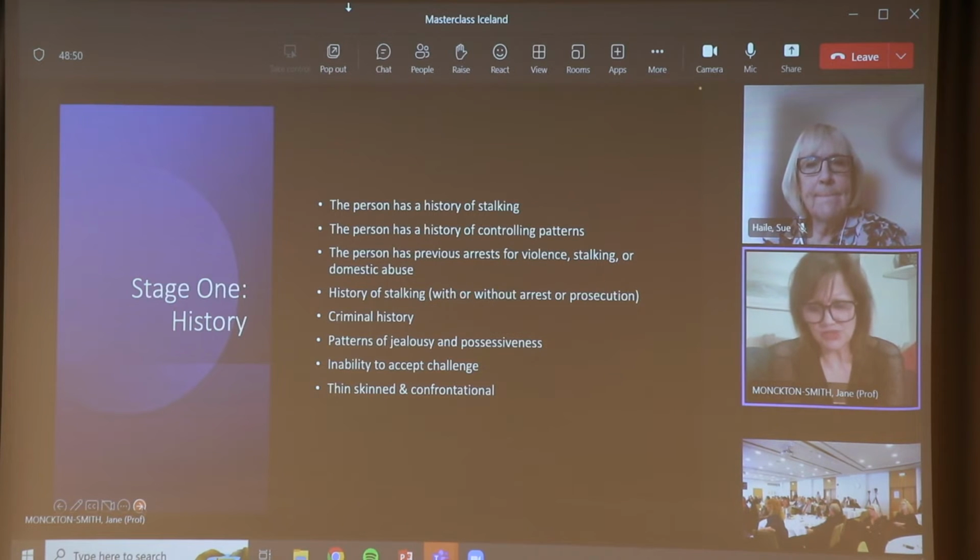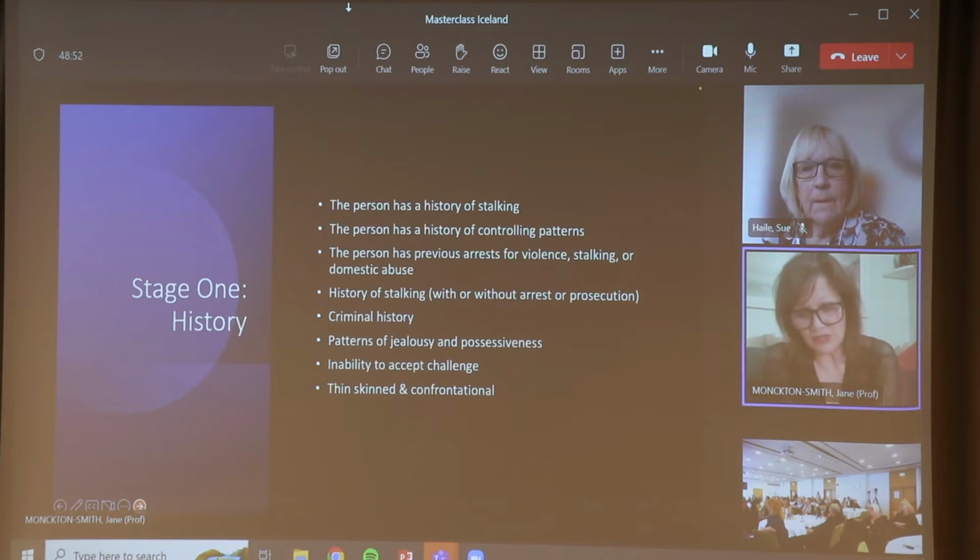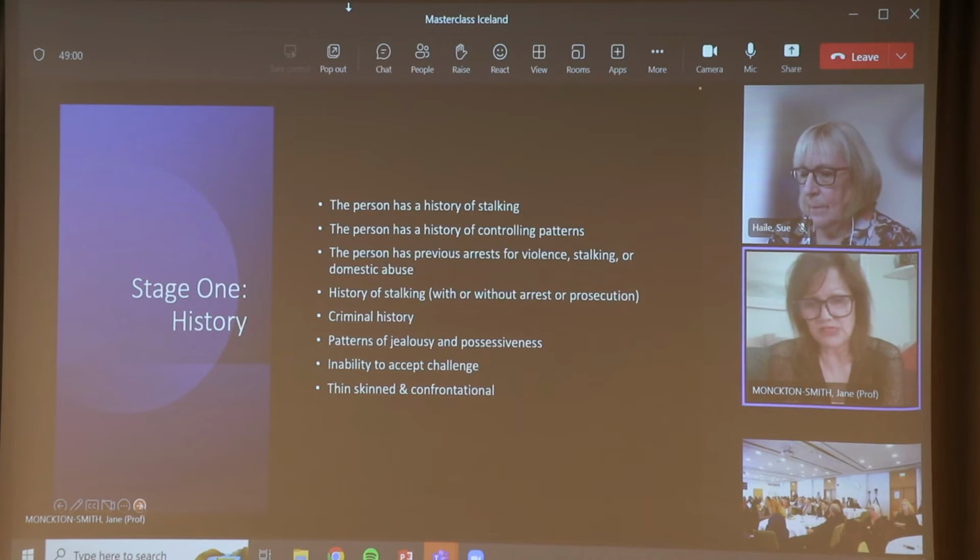One of the problems, though, that we do have is we cannot rely on just looking at somebody's criminal record to see if they are of this stage 1 or not. And the reason for that is we just don't get enough convictions. We don't get enough people through the criminal system being convicted of domestic abuse related offences.